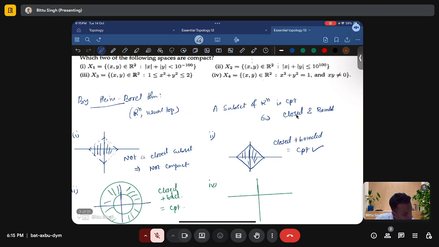So there will be 4 segments like this, this, this, and this. So the points on the x-axis and y-axis are not there by this condition.